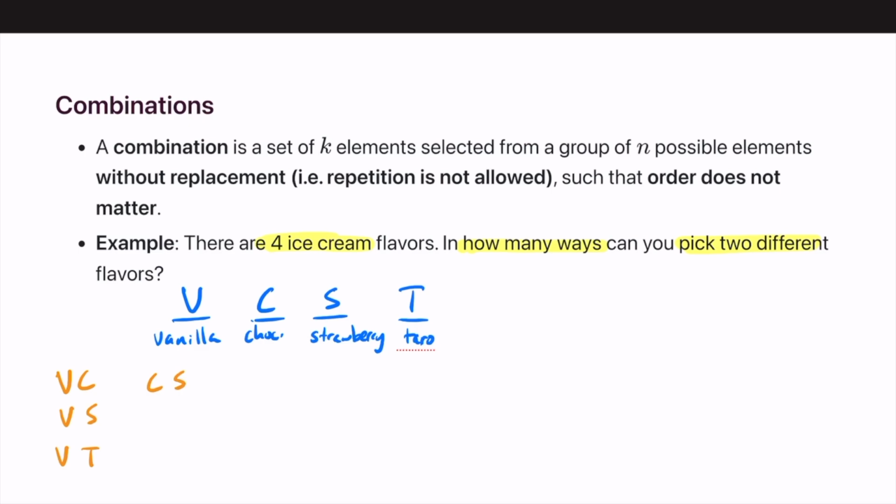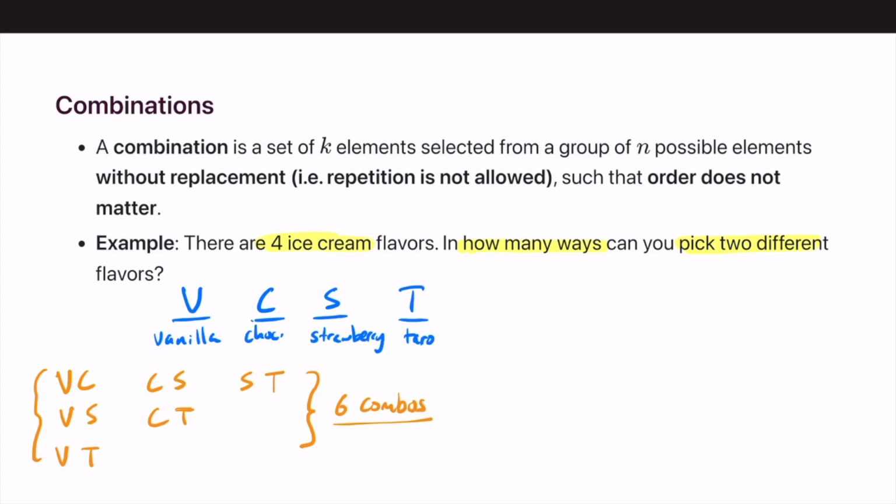And then we can also get chocolate taro. And we can also get strawberry taro. So here are 6 combinations. Again, we have 6 because strawberry taro is the same thing as taro strawberry.